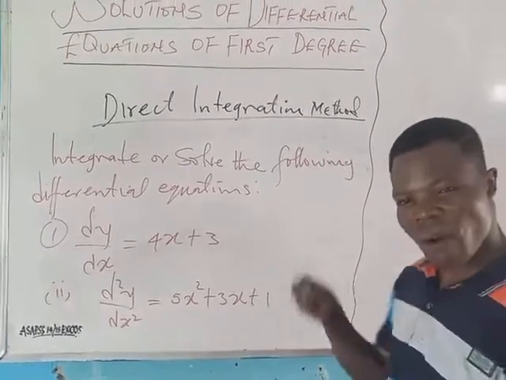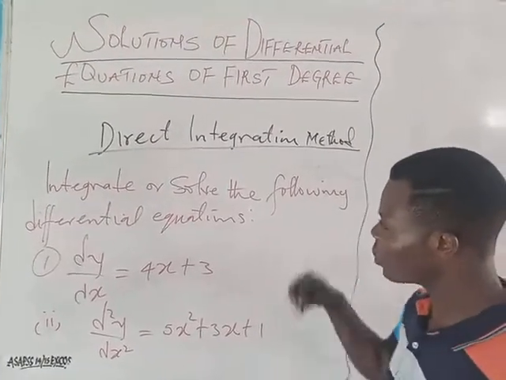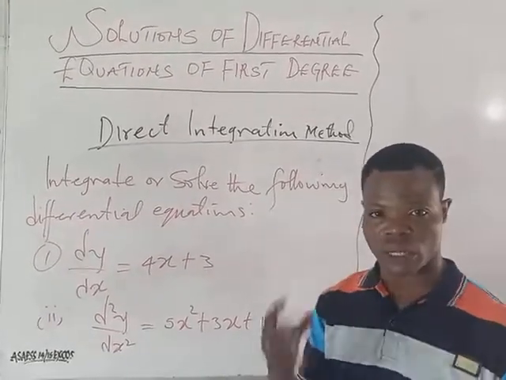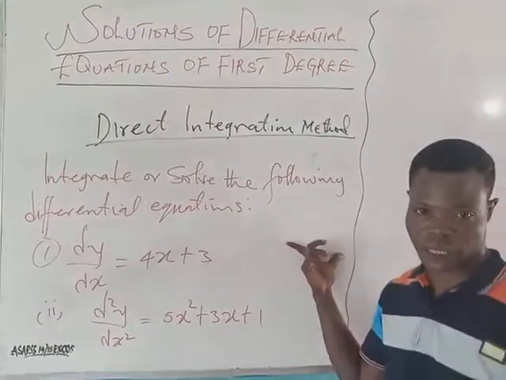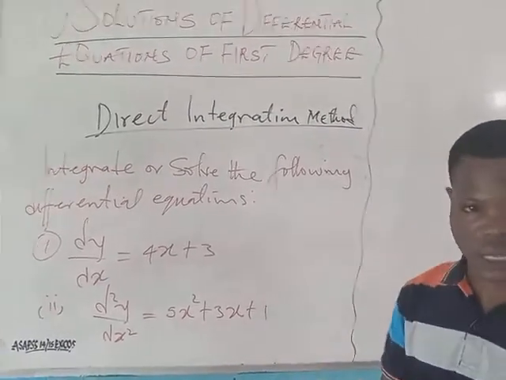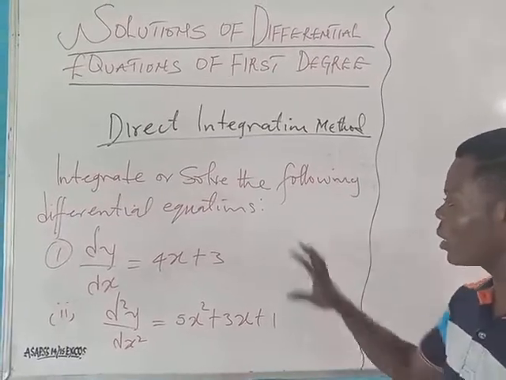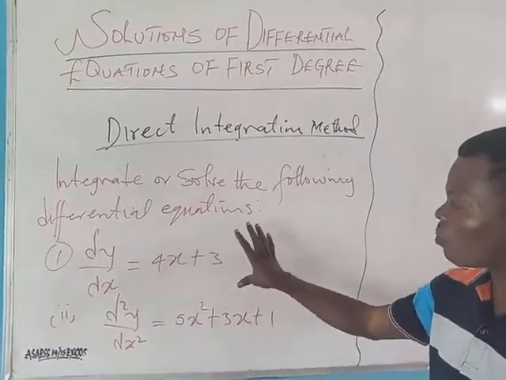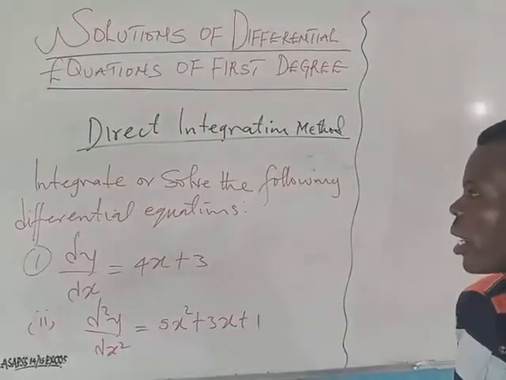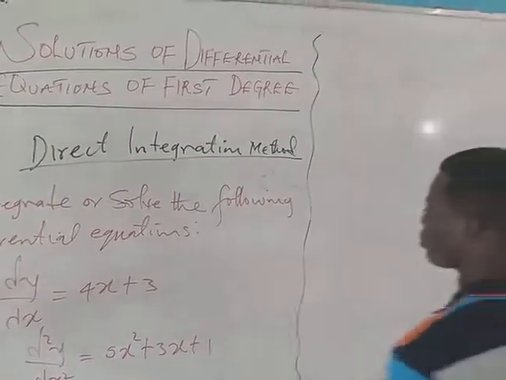But if you are considering which particular solution that differential equation belongs to, you have to find the value of the constant, and then you'll be given the points. So in this lesson, we want to consider only the general solution, since the points of the coordinates are not given; we just integrate directly. Let's solve these questions.